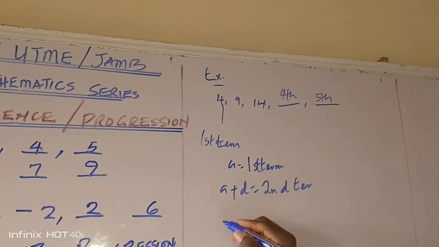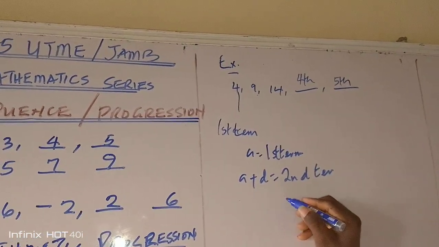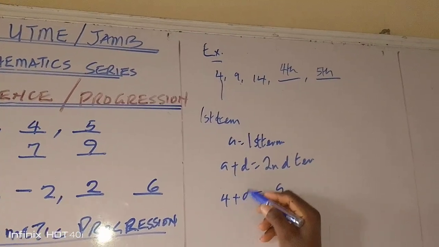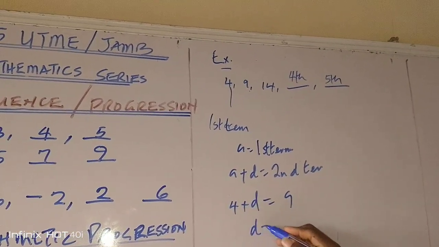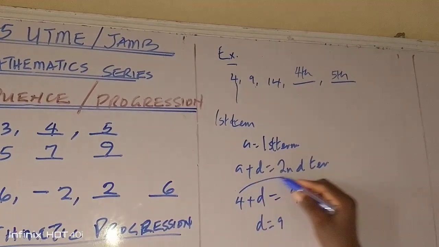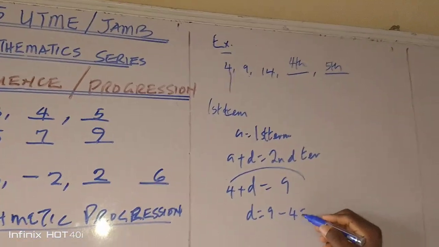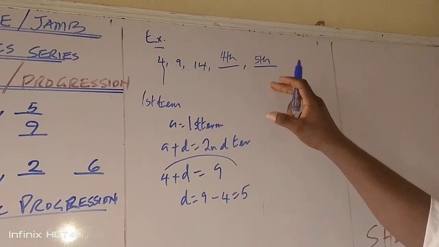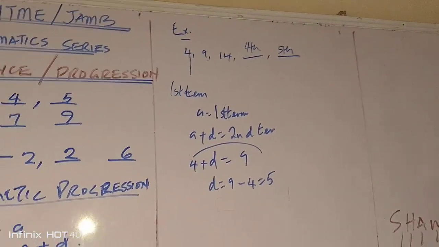So if my second term is 9 and my A is 4, then 4 plus D equals 9, so my D will be 9 minus 4. That gives me 5.